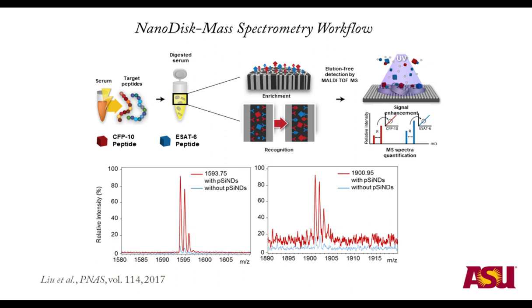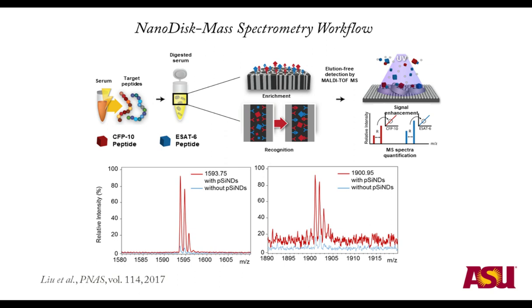At first, we have a serum, and we do a very rapid digestion in the microwave, about 20 minutes. Then we get the peptides in solution. Then we mix the digested solution with the NanoDisk, which is conjugated with the customized peptide antibody.